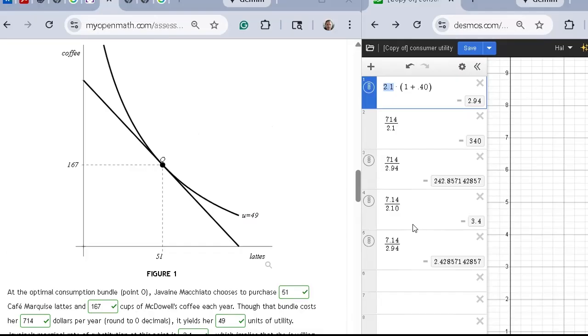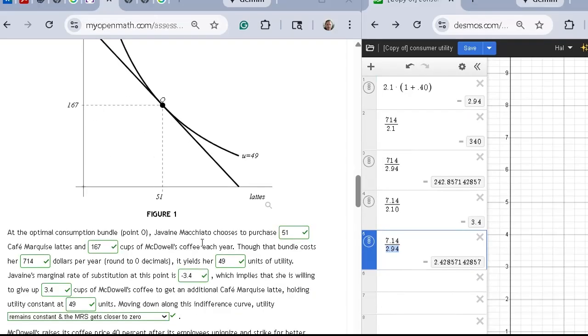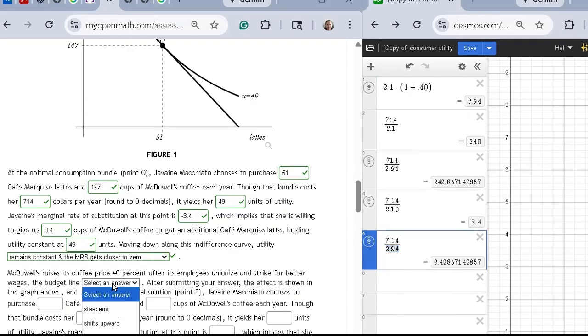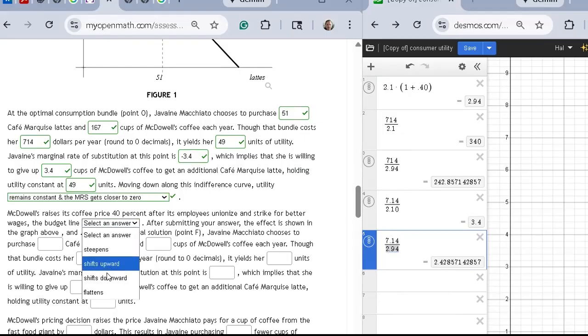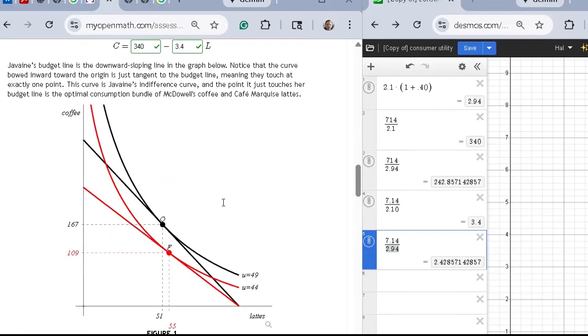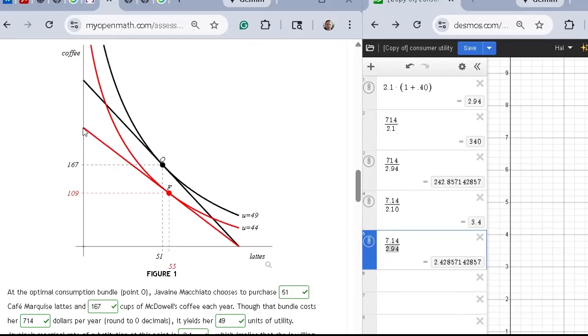And then the slope will go from 3.4, so it's pretty steep at 3.4, to 2.43 at the new coffee price. So this black line will get flatter. So let's go ahead and choose flattens right here for the budget line. And you can see that the budget line is flatter.